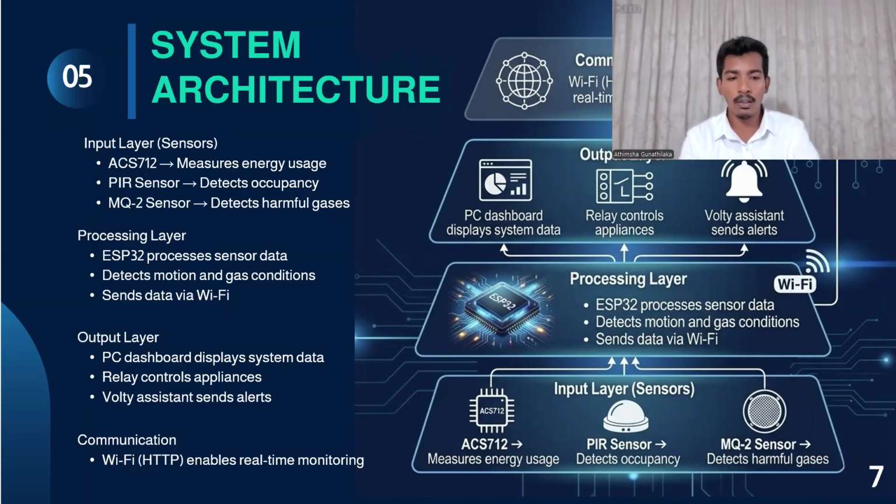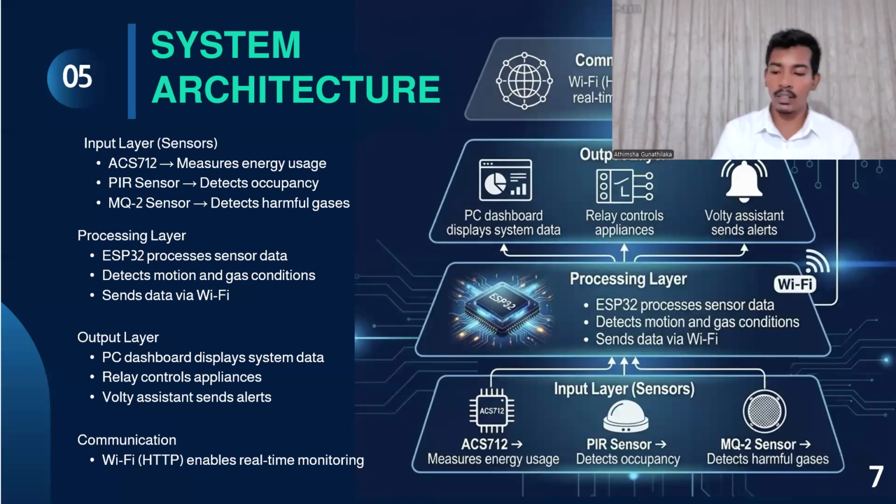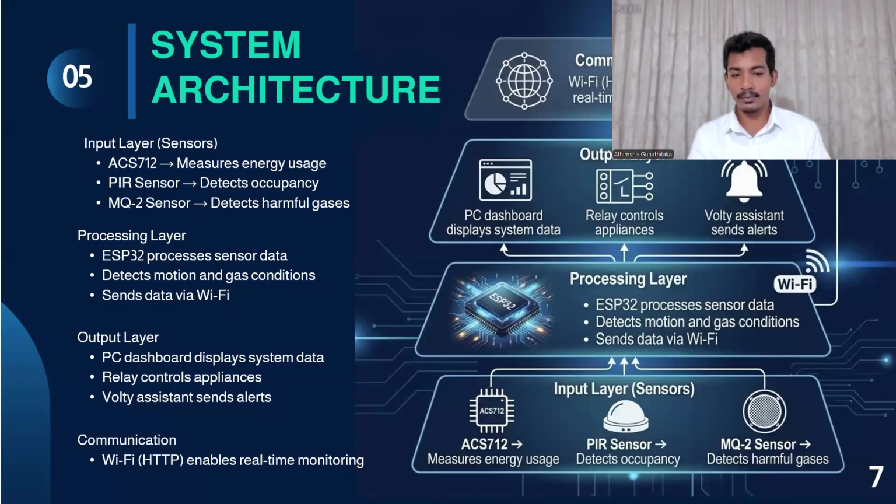All that data flows to the ESP32 microcontroller, our processing layer, which handles the logic and sends everything over Wi-Fi using hypertext transfer protocol. And then the output layer takes over. A PC dashboard displays the data, a relay module physically controls appliances and voltage, which we are really proud of. Our AI assistant delivers smart alerts to the user.